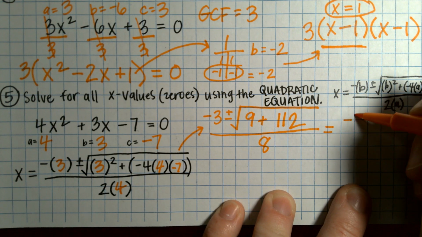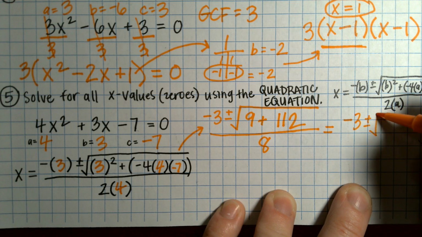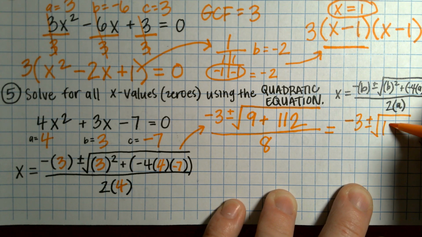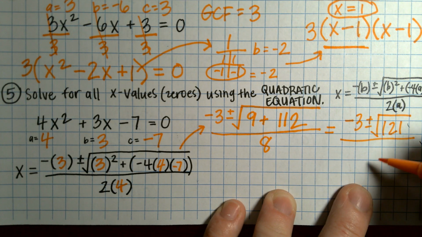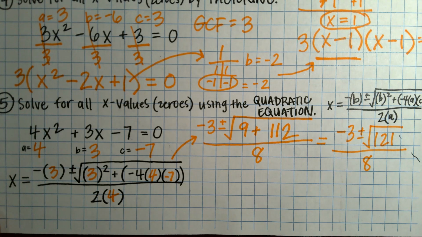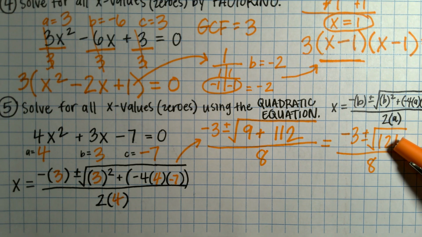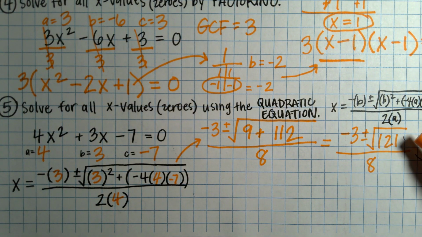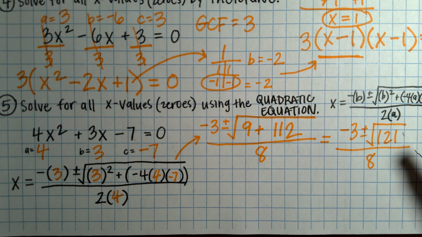So I'm gonna write -3 plus or minus the square root of 121 divided by 8. And we could go ahead and do what now? Break it down, do separate. Yeah, we could go ahead and separate the equations and do 2 separate ones, but let me check something. Yeah, okay, so I accidentally gave you a perfect square here. So it's 11. Yes, the square root of 121 is 11.